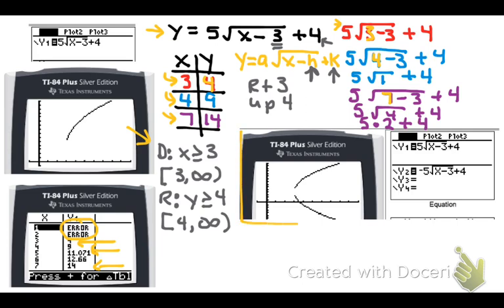This graph over here, I have the equation that we already looked at, but now we're going to look at what if we put a negative in front of it. And you'll see that the graph actually is flipped.